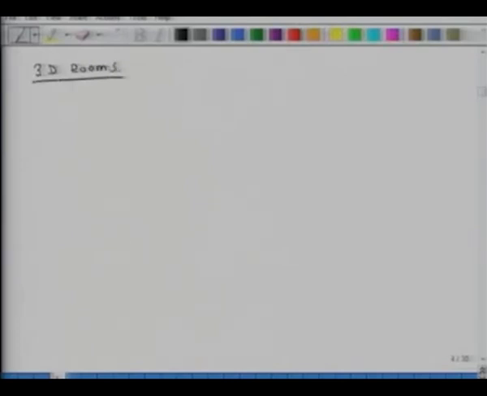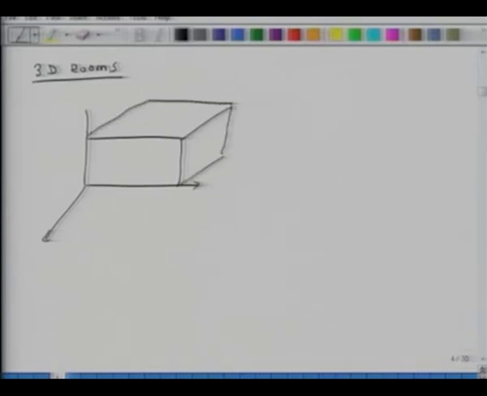3D rooms. So you can have a room, it could have a height, width and length.